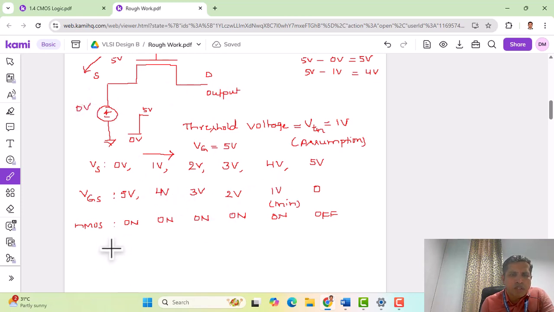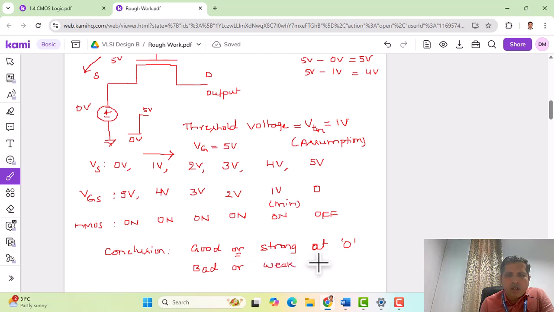So the NMOS summary, the conclusion here, is: NMOS is good, or we can say strong, in passing logic 0, whereas it is bad, or you can say weak, while transferring logic 1 or 5 volts.